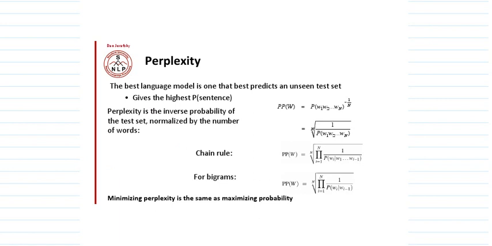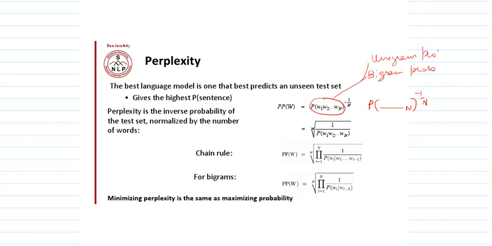So the probability of this sentence having n words, to the power of 1 by n. And this probability could be any kind of probability. It could be a bigram probability, it could be a unigram probability, depending upon the language model.